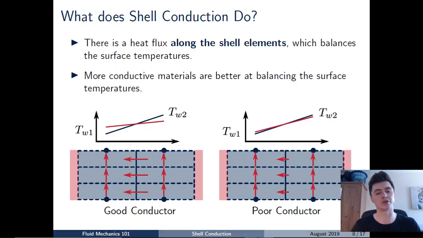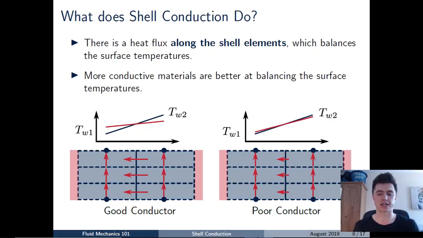So this is why when you turn on shell conduction, you have to specify the material and its thickness, because a conductive material, so a material with a high thermal conductivity and a small thickness, is going to be better at balancing the temperatures than a material that is a poor conductor of heat.